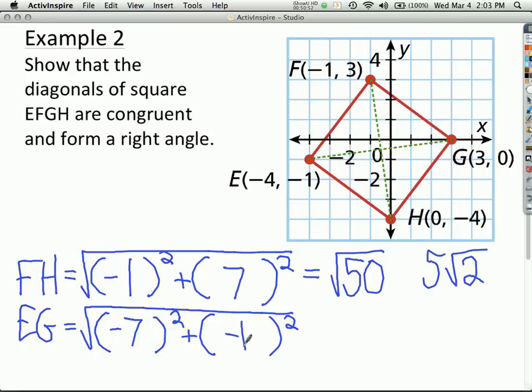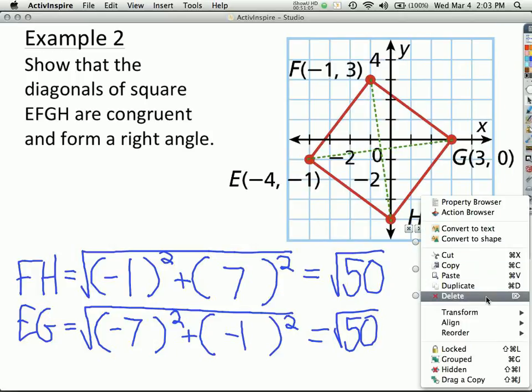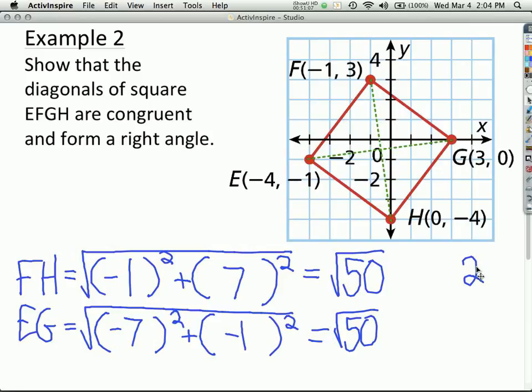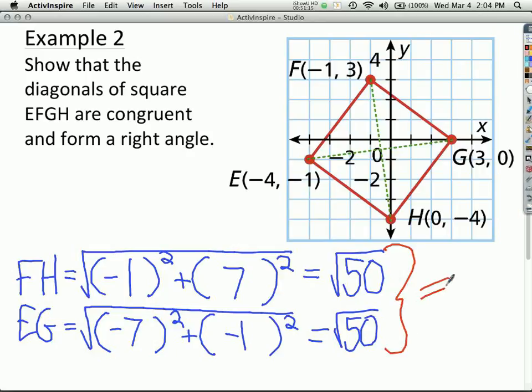But just taking it to its logical conclusion, we see that it's radical 50 again, or 5 radical 2. And so this is the evidence that we were looking for to show that the two diagonals are congruent to each other. Sorry. So this was the evidence that shows that they are congruent. Any questions about that? Brandon?